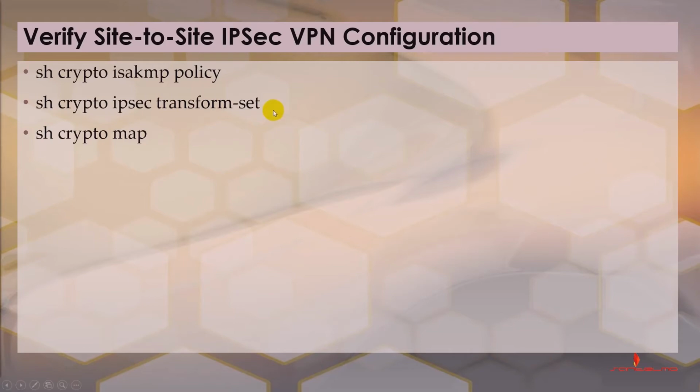The second command is show crypto ipsec transform-set. This command is used to display the configured IPsec policies in the form of transform sets. Later on, along with the demonstration, I'll be using these commands. Third is show crypto map. The show crypto map command is used to display the crypto maps that will be applied on the router.